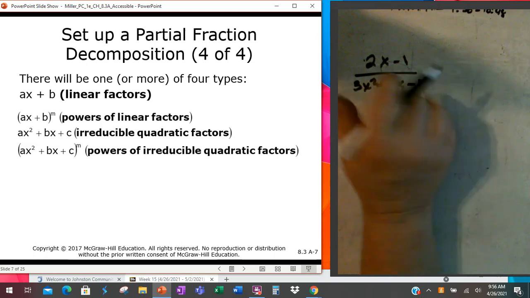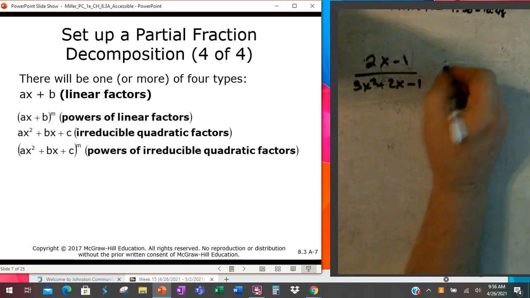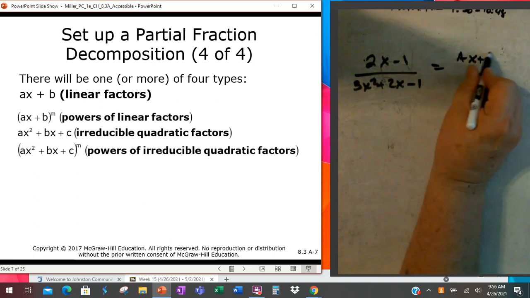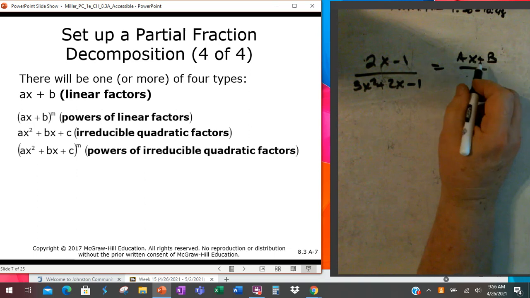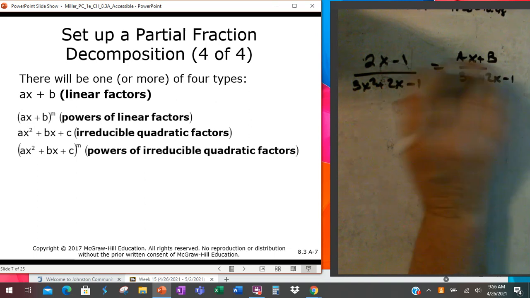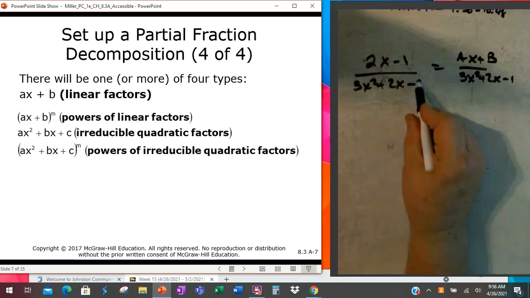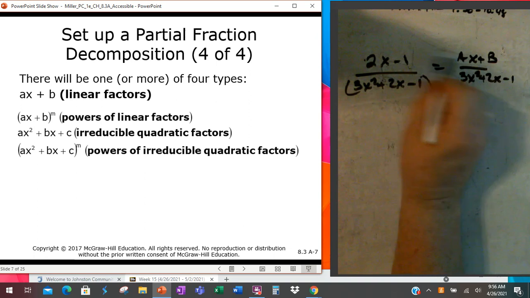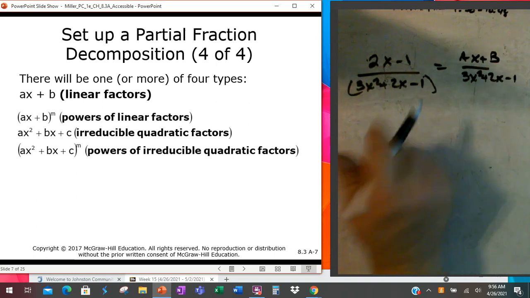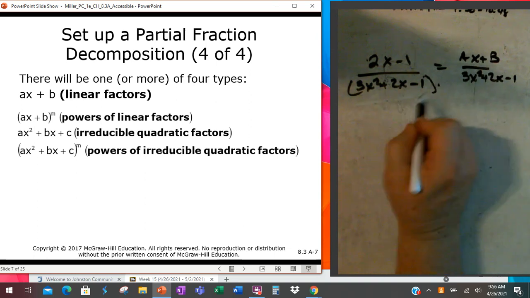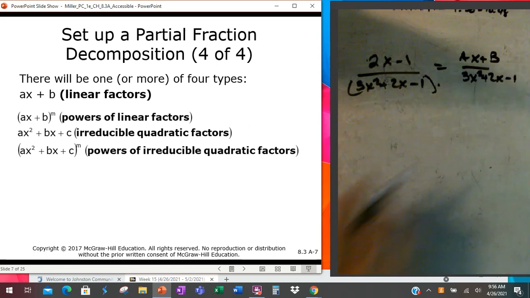I need something irreducible, so hopefully I get it here. And then I would have ax plus b over this irreducible. Okay, but I need a product here. Naturally, this would be the 2, and that would be the negative 1. But I would have a product here, and then this would be the next piece of it.